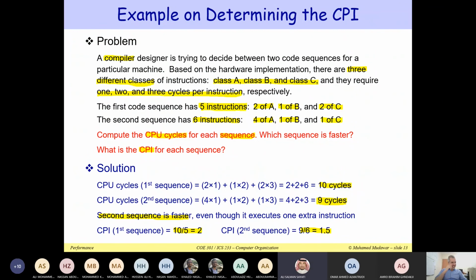You mean the difference between sequence 1 and sequence 2 is just 1 cycle, right? Yes. But is it really important if you save 1 cycle? It all depends on the code.